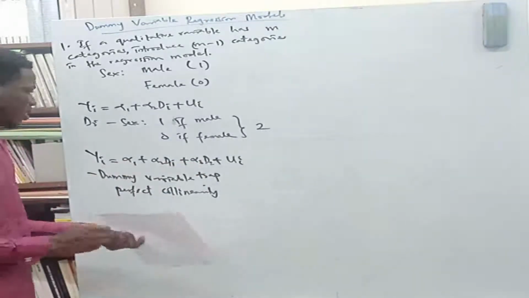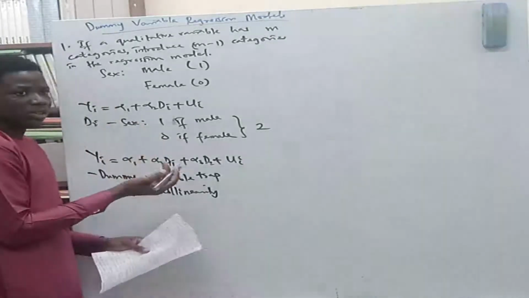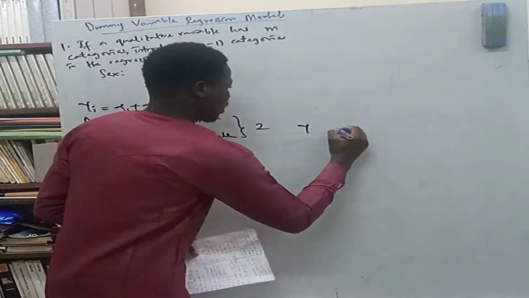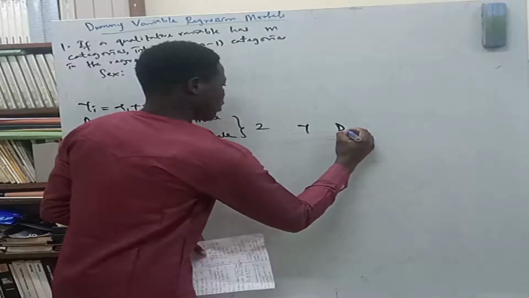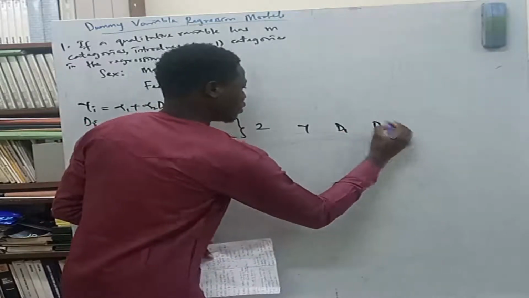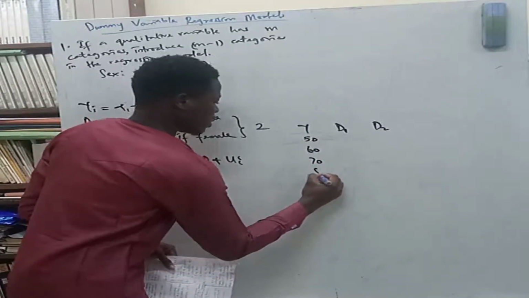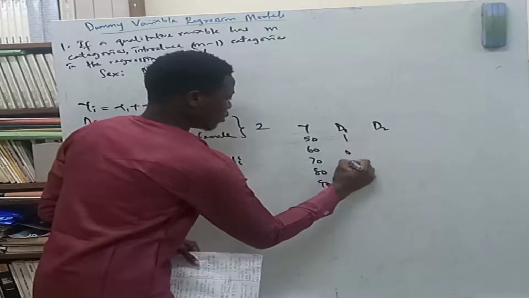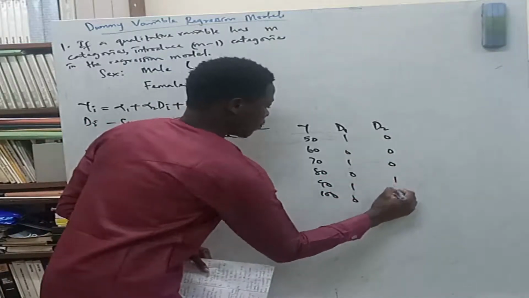What do I mean? I said it earlier that yes, it is the 1 and 0 that will enter into the regression model. So if you have your y as this, then you have your d. Let's say this is d1 and this is d2. And you have your y as 50, 60, 70, 80, 90, 100. Then this is 1 0 1 0 1 0, 0 1 0 1 0 1.